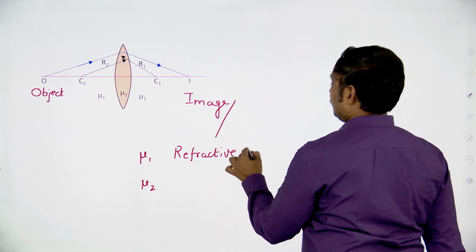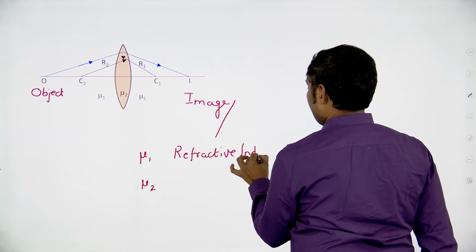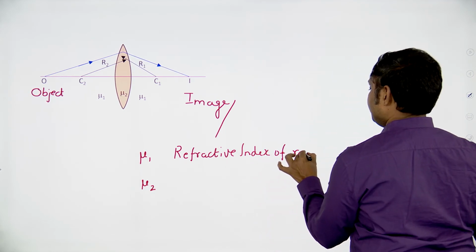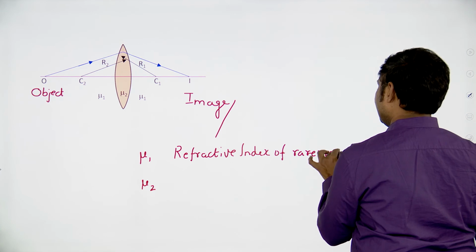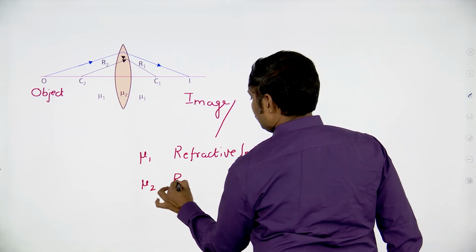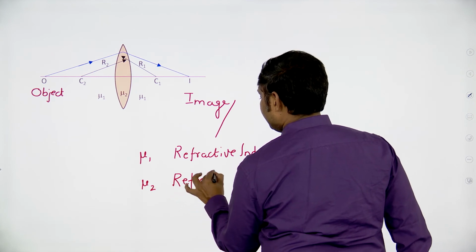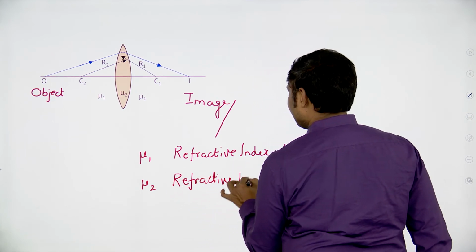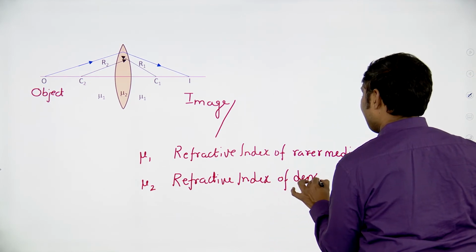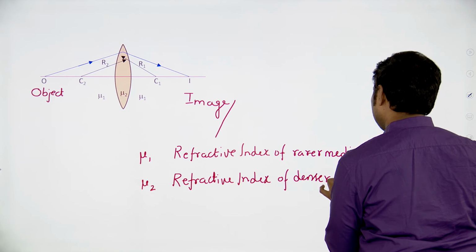Refractive index of a rarer medium, mu1. This is going to be the refractive index of the denser medium, mu2, which is the lens.